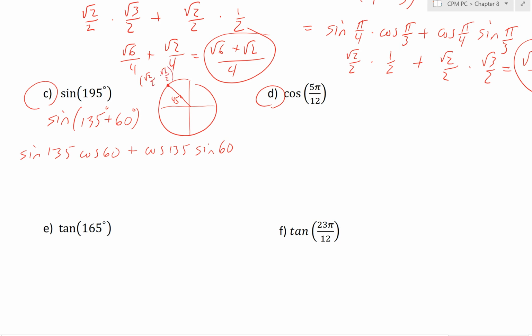The only difference is in quadrant 2, the cosine is negative. So the sine of 135 is positive root 2 over 2. And then cosine of 60, we know the cosine of 30 is root 3 over 2, so the cosine of 60 must be 1/2. And then cosine of 135 is negative root 2 over 2. And the sine of 60 is root 3 over 2.